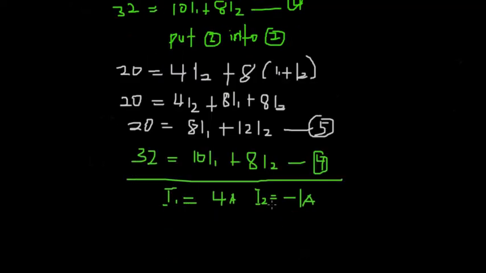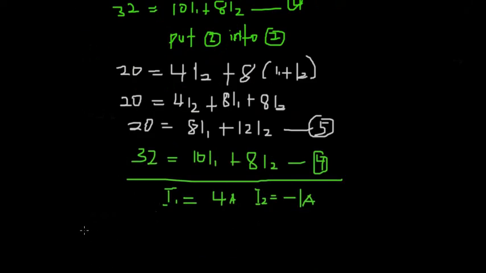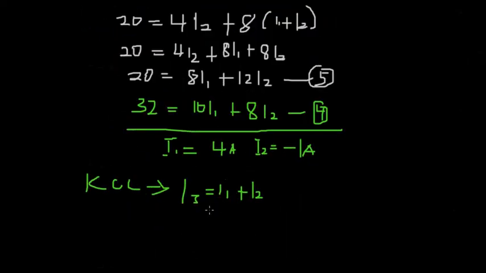From getting I1 and I2, we could just find I3 from our Kirchhoff's current law, that's equation 3. I3 equals I1 plus I2. So from KCL, I3 equals 4 minus 1, since I2 is minus 1.